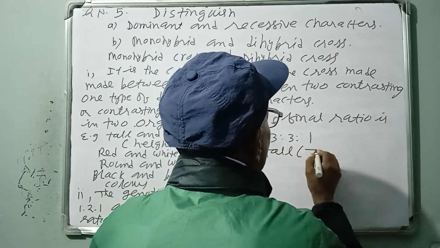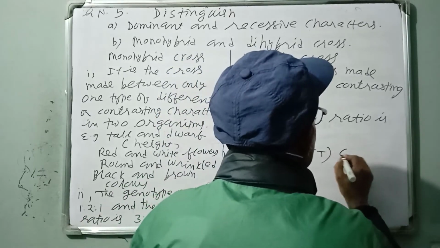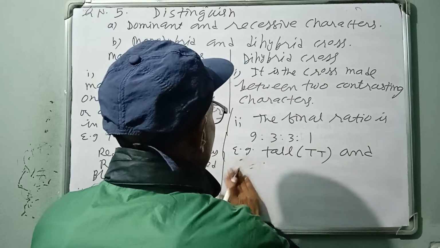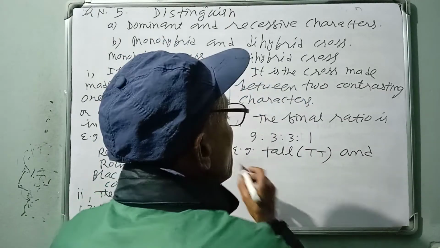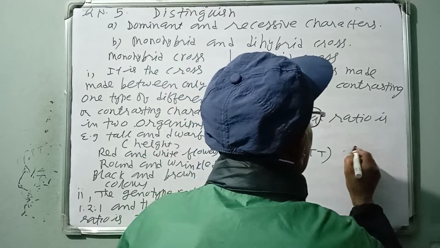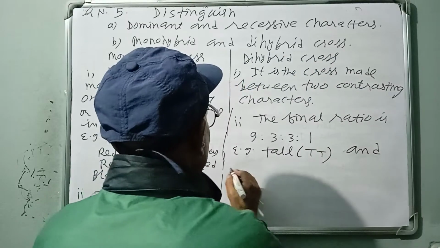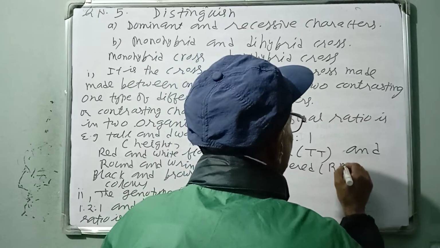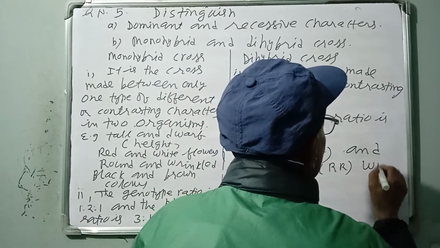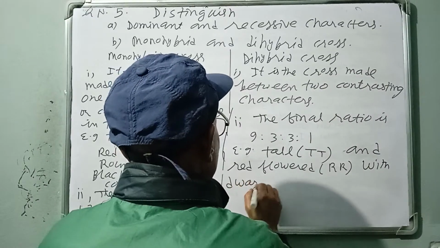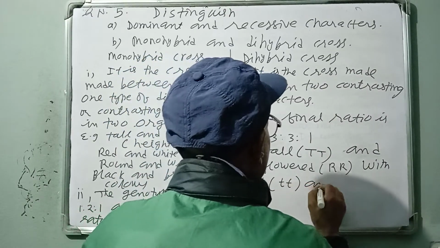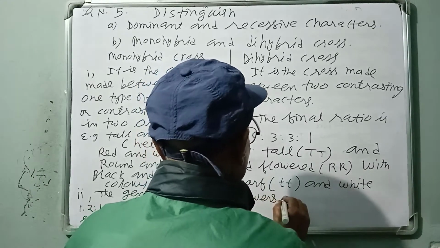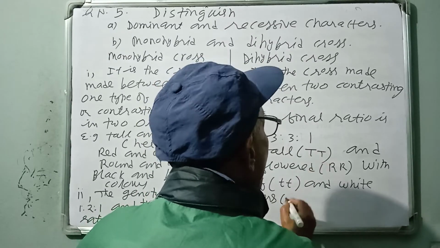Example, say a tall pea plant with red flower: TT, capital RR, with dwarf, small t, and white flower, small r.